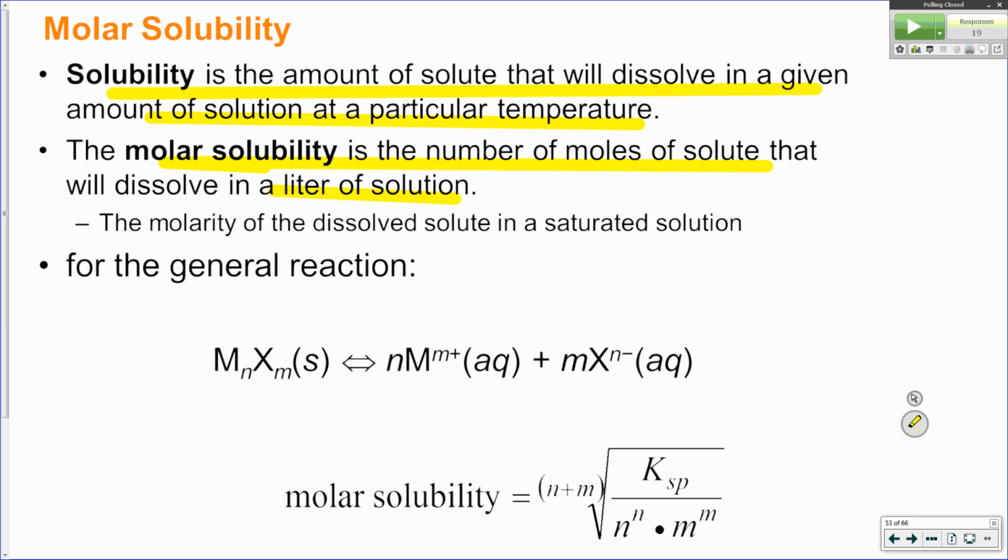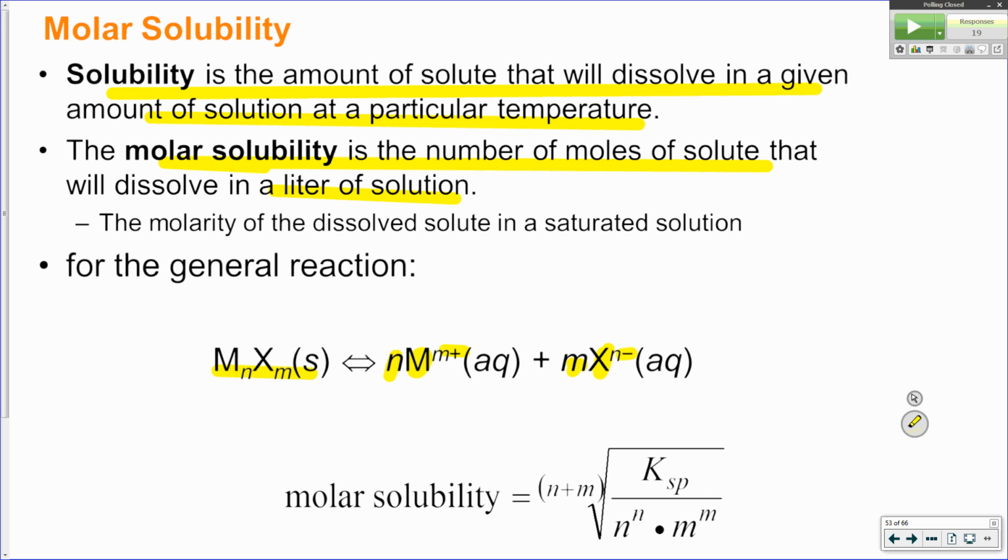Okay? Now, if we look at our generic metal salt that's going to dissolve, M represents the metal to the power of its charge. Little n represents the stoichiometry. The little m is the stoichiometry for the nonmetal to its power.